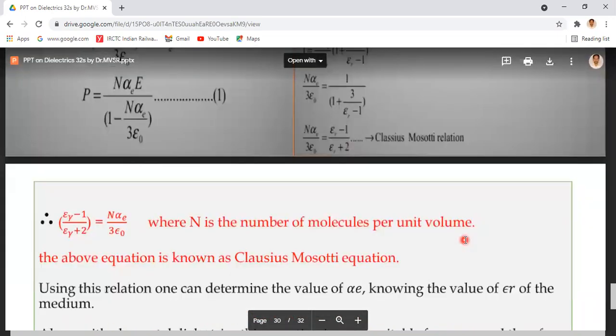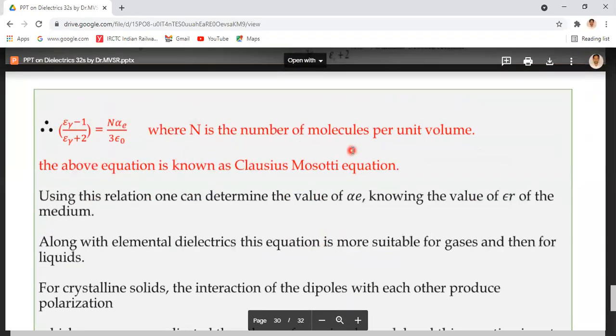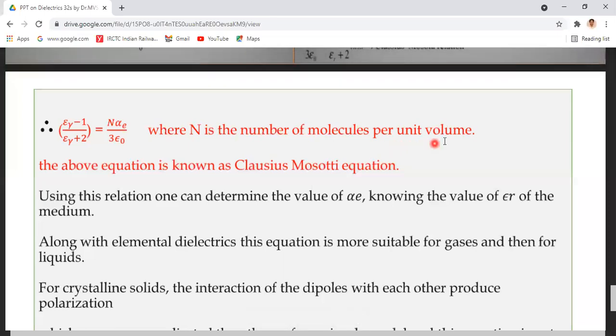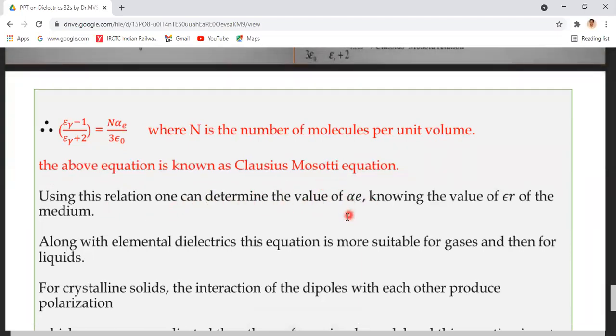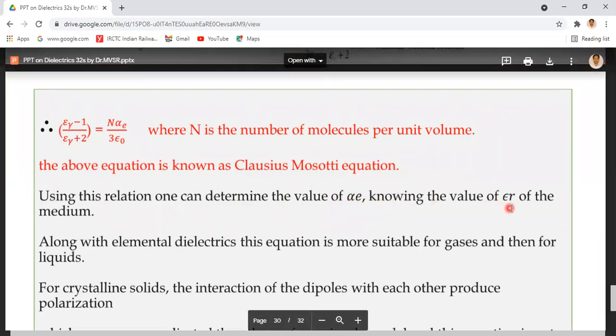Here, n is the number of molecules per unit volume. So the above equation is known as the Clausius-Mossotti equation. Using this relation, one can determine the value of electronic polarizability alpha E, knowing the value of epsilon r of the medium. Here n is the number of dipoles or molecules per unit volume.